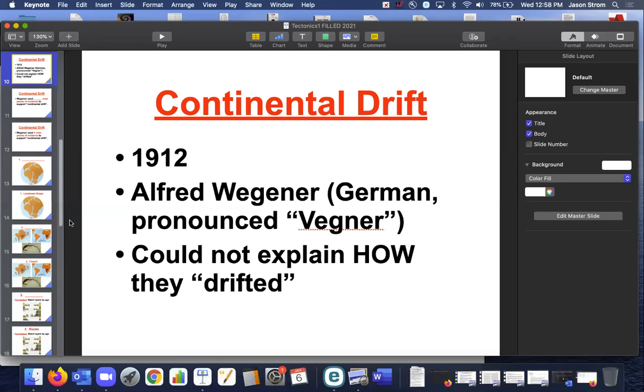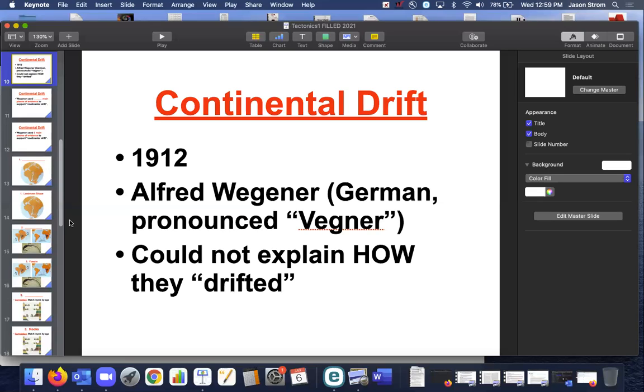The problem with this was Wegener couldn't explain how the continents were moving. He could give evidence that they had moved, that looking at where they are now, they haven't always been in the places where they are now, and in the future they won't be where they are now. They'll continue moving, but he didn't know how.